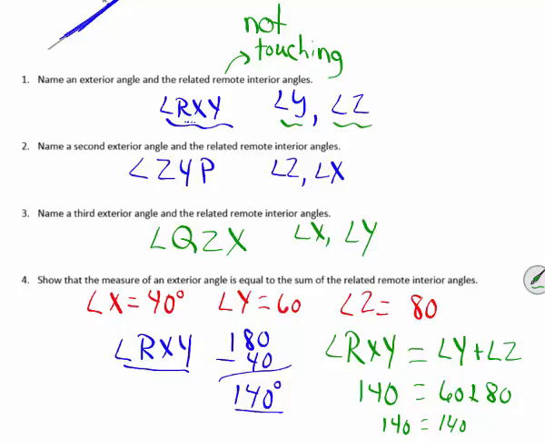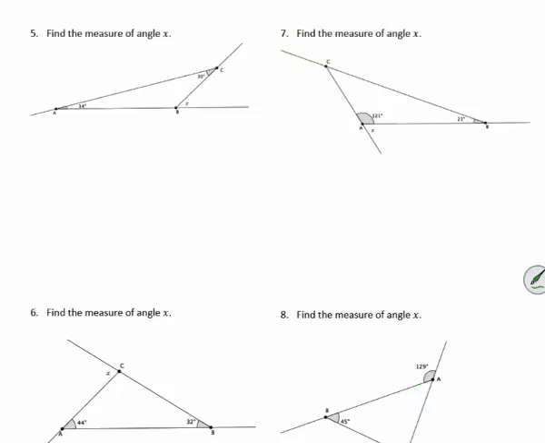All right, let's see what we got going on over here. Find the measures of the angles. So this angle out here, this Z, I believe that's a Z because it's kind of hard to read, is equal to these two angles added together. So 14 plus 30, so 44 degrees.